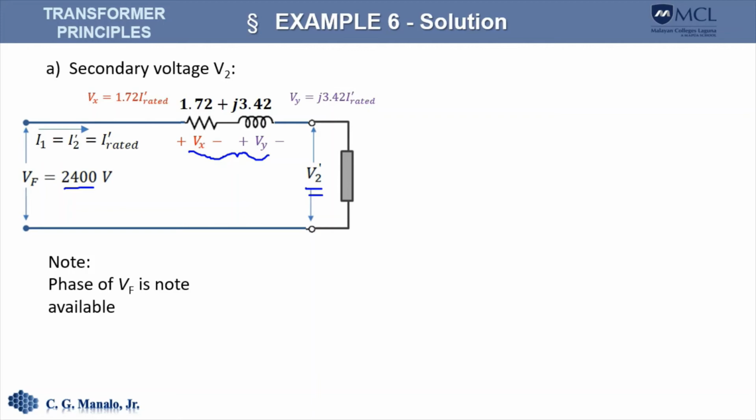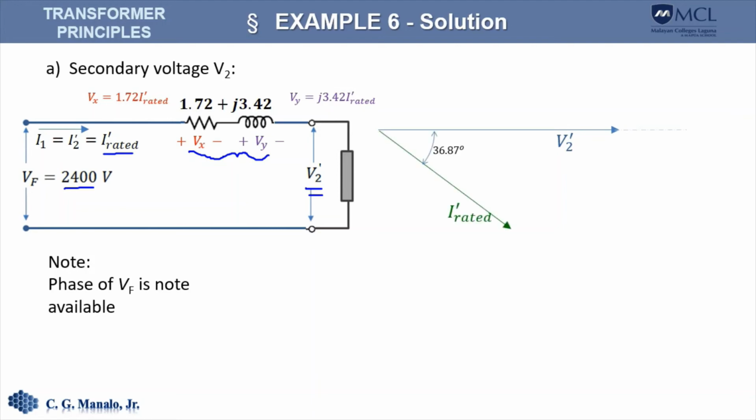First, we draw V sub 2 prime. Since it has a phase angle of 0, we can draw that as a horizontal line. Next, we draw the I rated prime. So we know this current already.